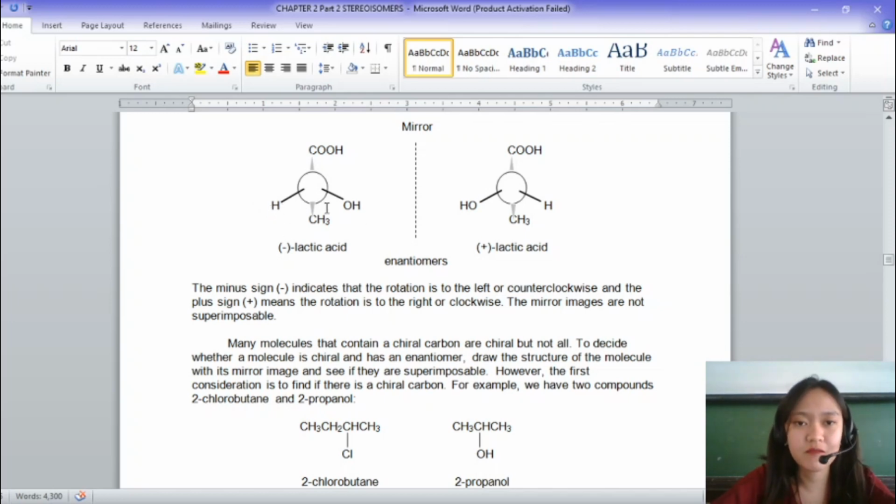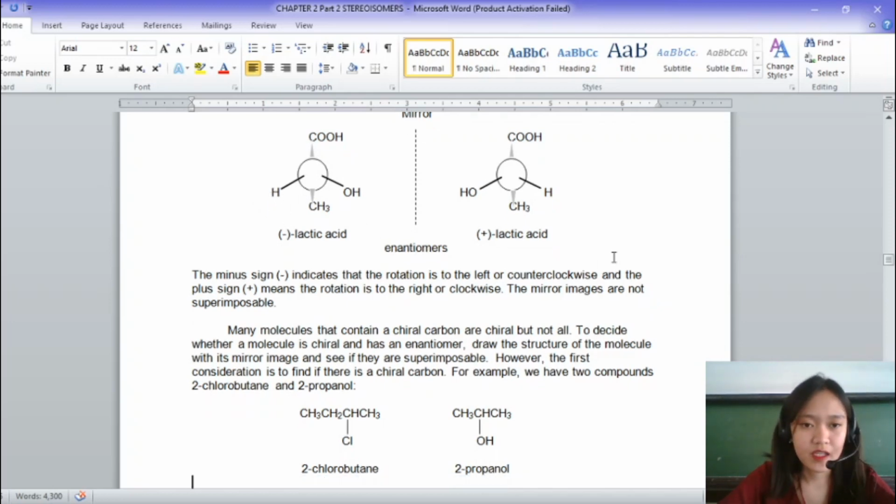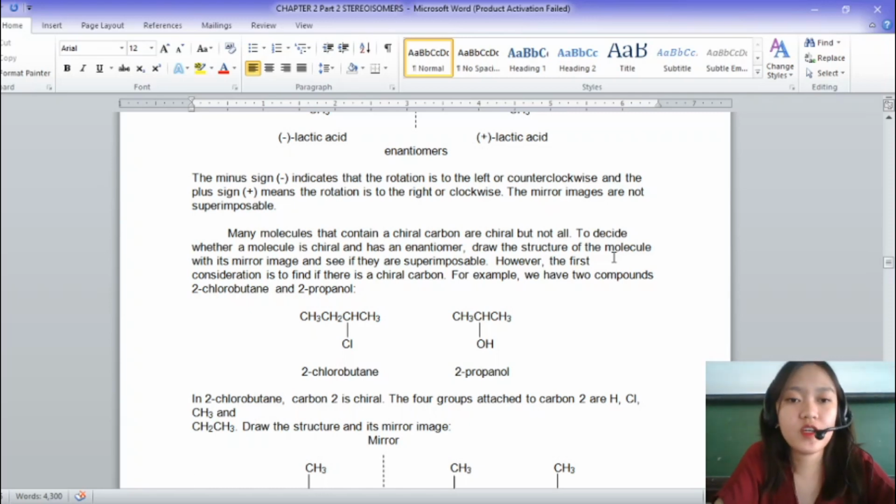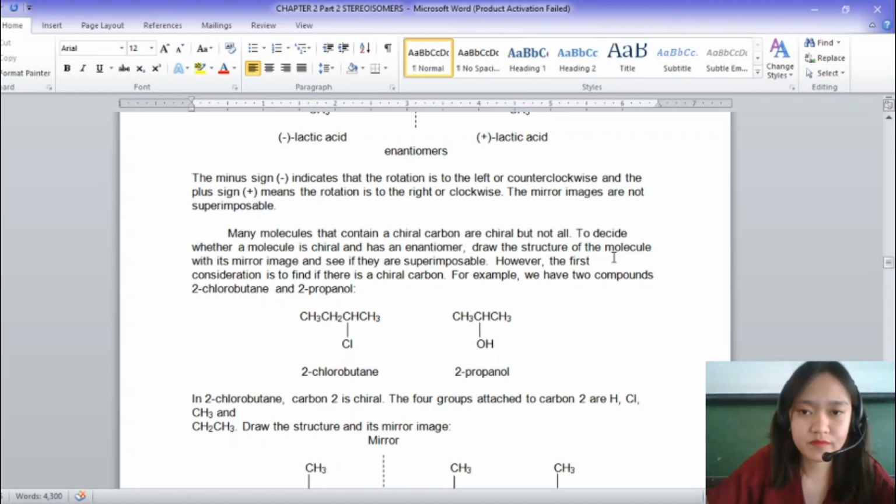Kuha? So, may difference. Okay, so many molecules that contain a chiral carbon are chiral, but not all. So, tandaan, not all molecules that contain a chiral carbon are chiral. Most of the molecules na merong chiral carbon is chiral, pero hindi lahat.